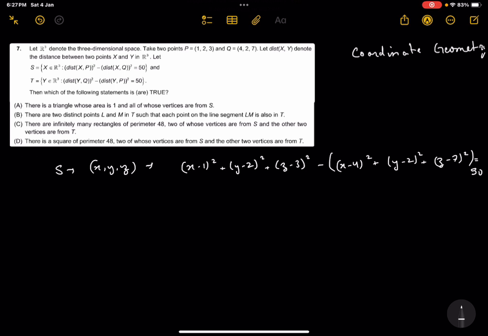This is simply the distance formula, which gives us x squared, and x squared will get cancelled. Similarly y squared and z squared will also get cancelled.